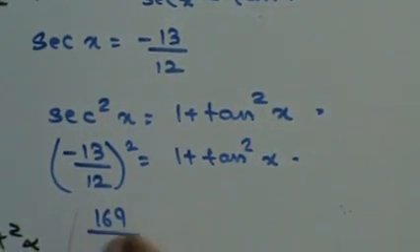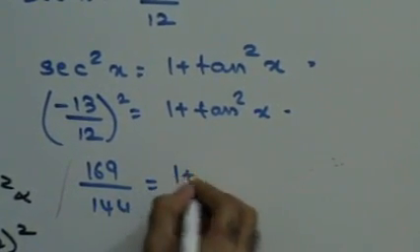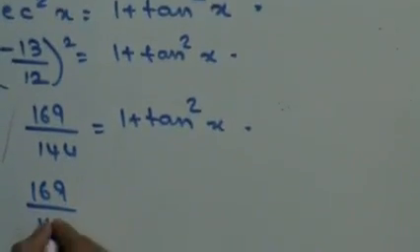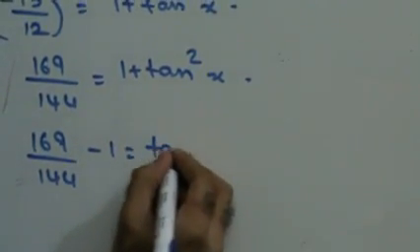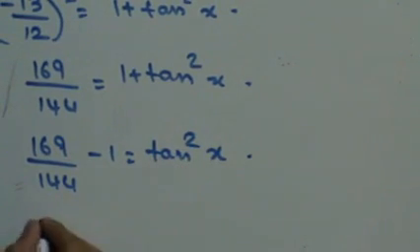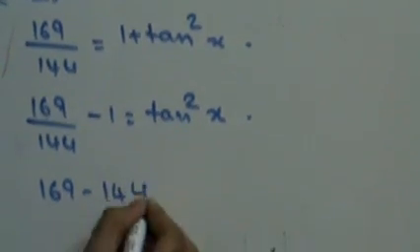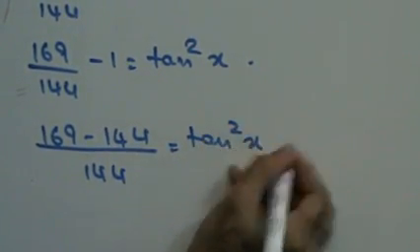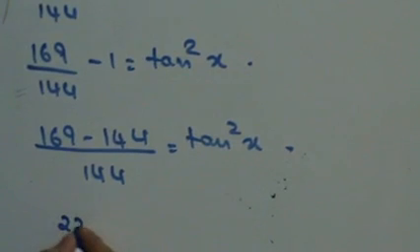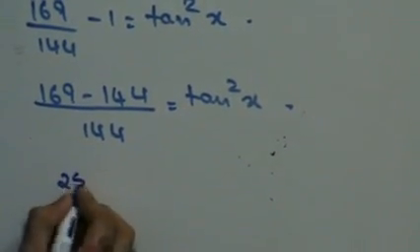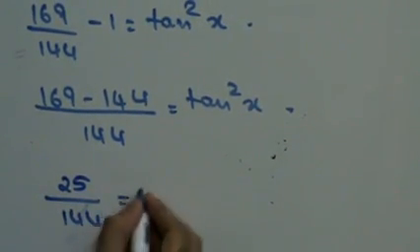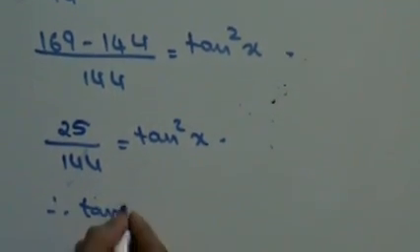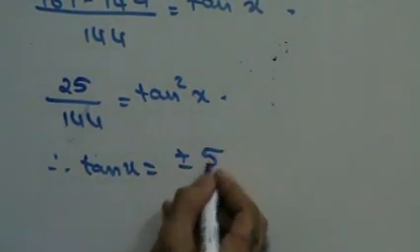So 169 upon 144 is 1 plus tan square x. 169 upon 144 minus 1 is tan square x. 169 minus 144 upon 144 LCM is tan square x. 169 minus 144 is 25 upon 144 is tan square x. Therefore, tan x, if I take square root, is plus minus 5 by 12.